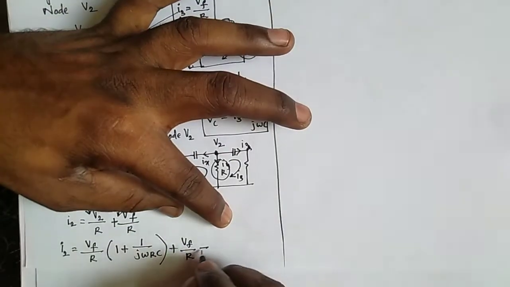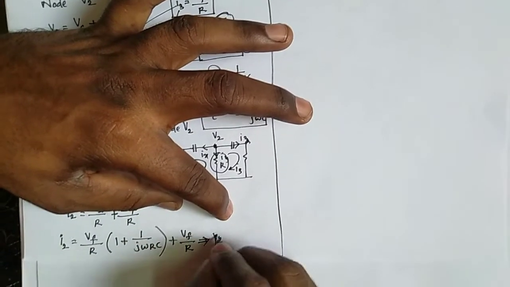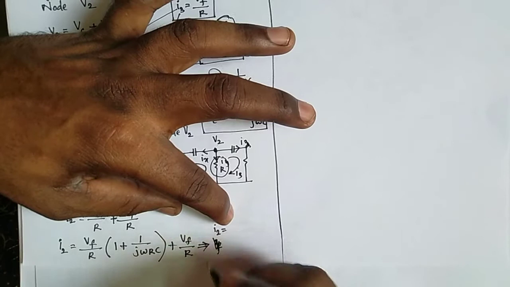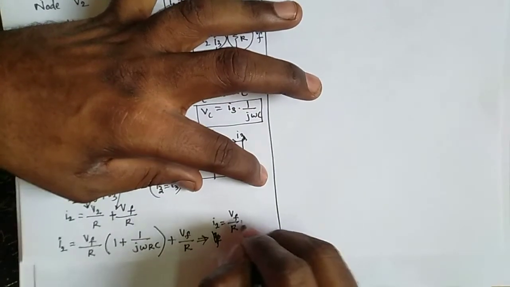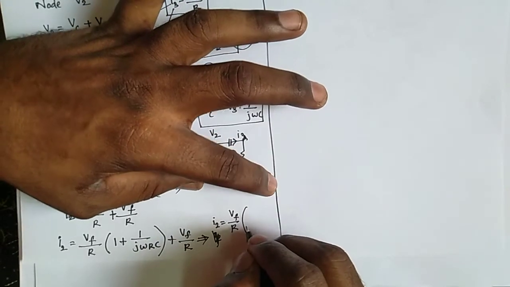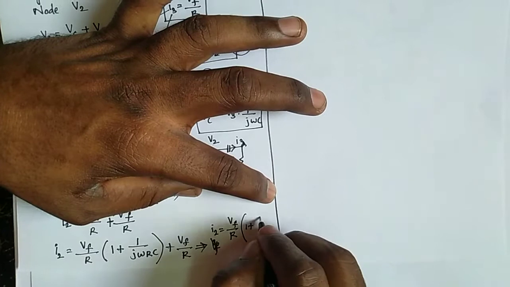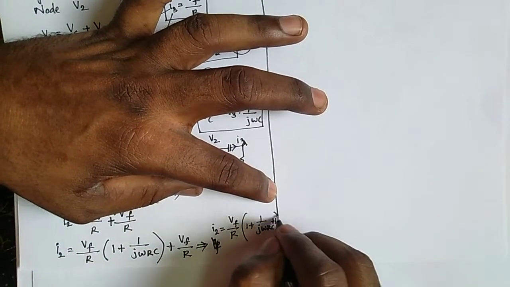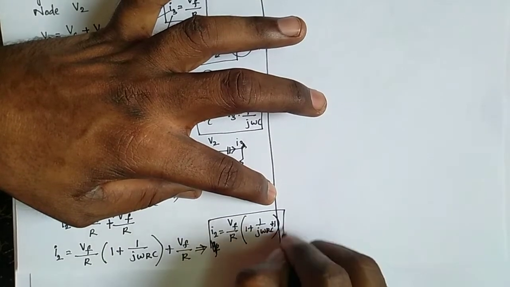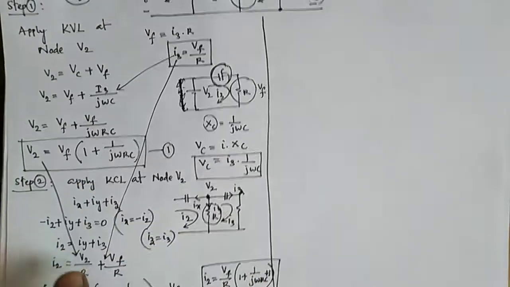From this, the function can be represented as I2 is equal to Vf by R into 1 plus 1 by J omega RC plus 1. This is the function for step 1 and step 2.